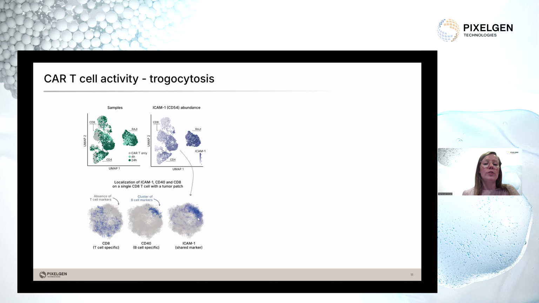So this really told us that these cells were in fact not upregulating ICAM1, but instead they were acquiring B cell membrane, so containing many different B cell markers. And this is a really kind of important feature that since you have this spatial information, you will be able to tell if you have true upregulation or if you have trogocytosis, even in the case where you have markers that are actually expressed by both of the cell lines.